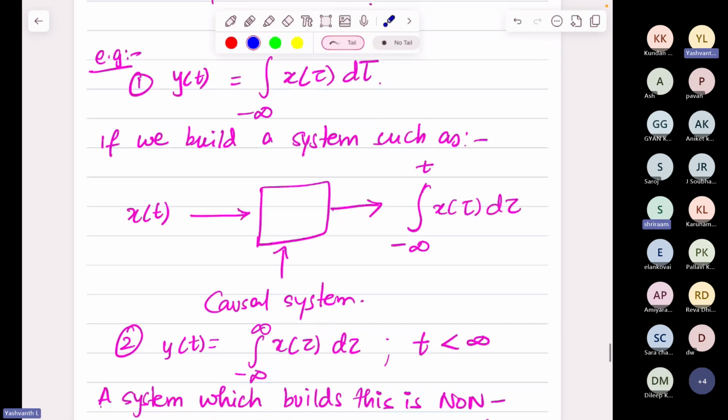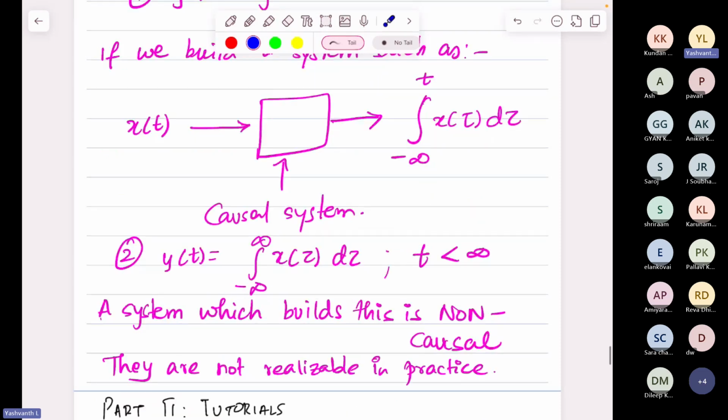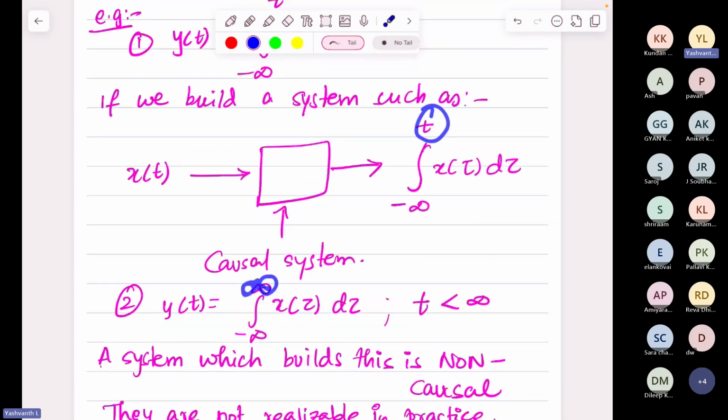Okay. Now, on the other hand, if you had allowed your upper limit to go to infinity, what does it mean? Your present output will depend on future input also, because the integral ranges to infinity. That means, for example, if I want to compute y of 3, this is nothing but so many summations, and it will involve x of 5 also, x of 6, and so on.